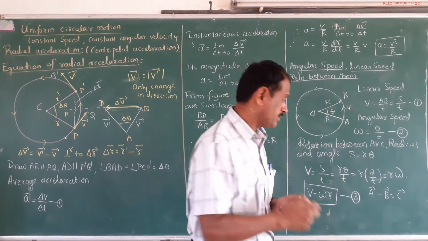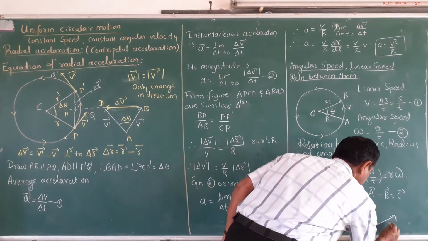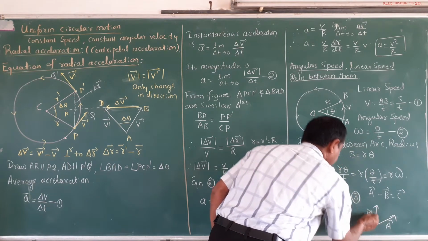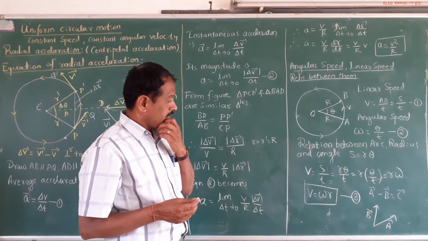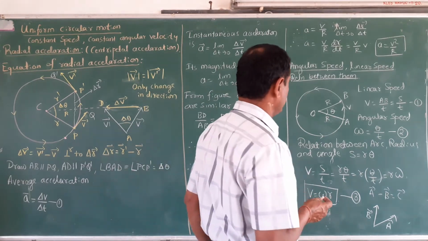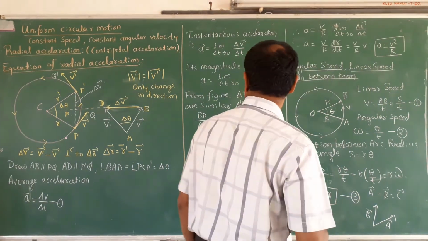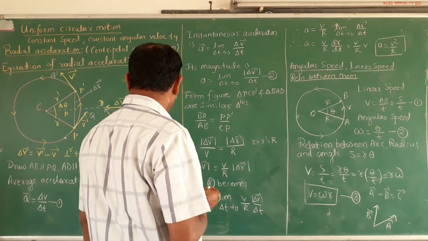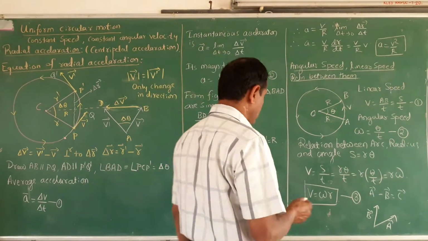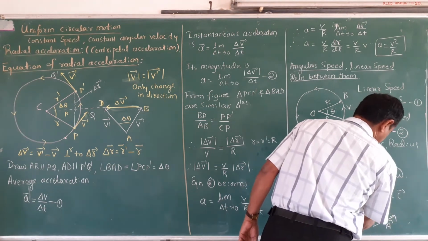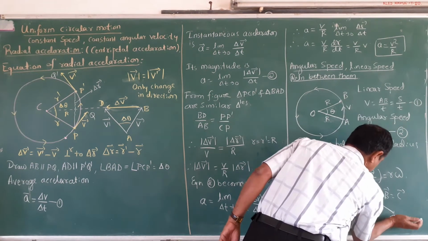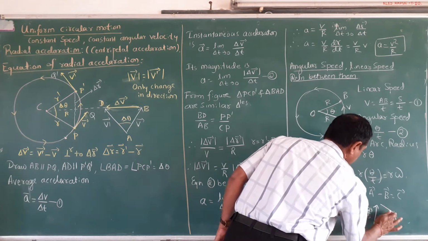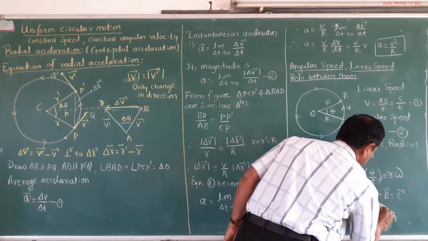This is vector A. Now this is vector B. Then you join them like this.